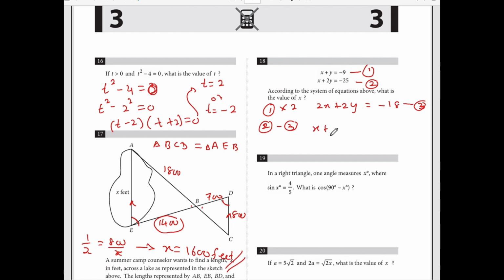Then x plus 2y minus 2x minus 2y equals minus 25 plus 18, so the 2y values cancel out. Then minus x equals minus 7, and x equals 7.